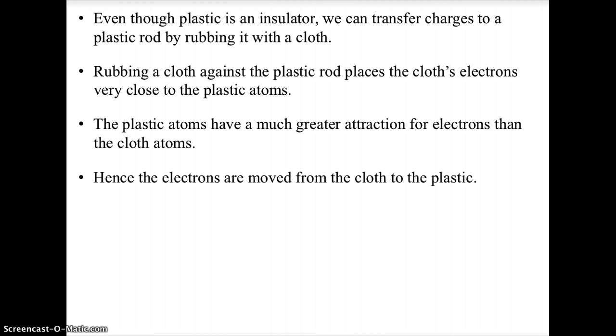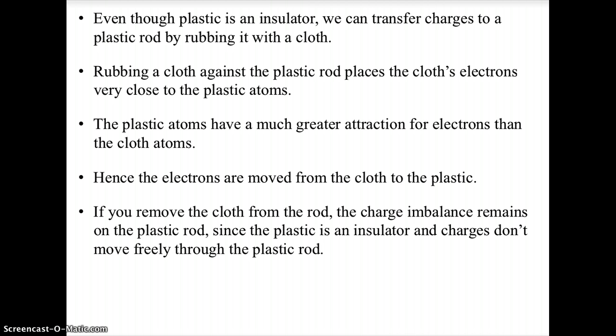So if you put the cloth near the plastic, the plastic will pull the electrons off of the cloth and we will have a buildup of electrons on the plastic. So if we then take away the cloth, right, if you rub the rod, you remove the cloth, the charge imbalance will remain on the rod.